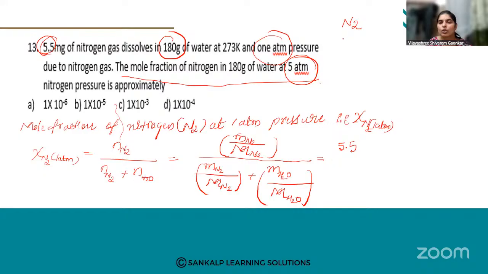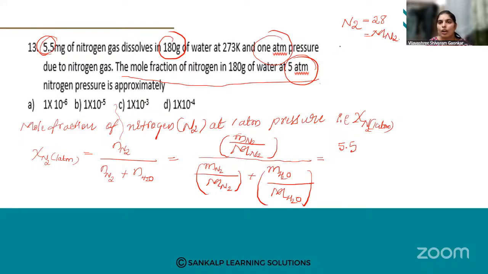Correct. Molecular mass of 1 nitrogen atom is 14 unified mass. So N2 is 14 into 2, 28. Correct. Molar mass of nitrogen, which is equal to M N2.